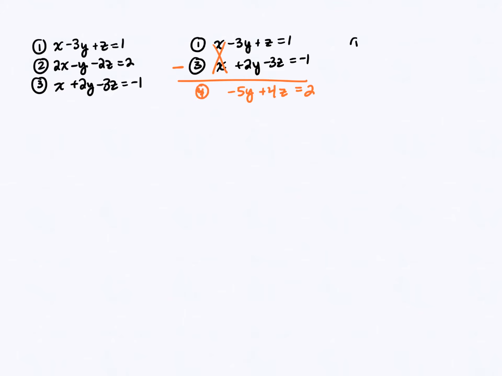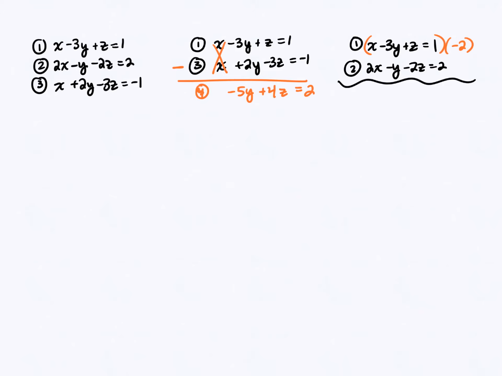Now I'm going to pair up equation 1, which is x minus 3y plus z equals 1, with equation 2. But the trick here is I'm going to have to multiply equation 1 by something first, so that I can actually add the two equations together and eliminate x. Remember, that's my goal. I need to eliminate x again so I can end up with a second equation that only has two variables in it. So the best guess here is to multiply that first equation by -2.